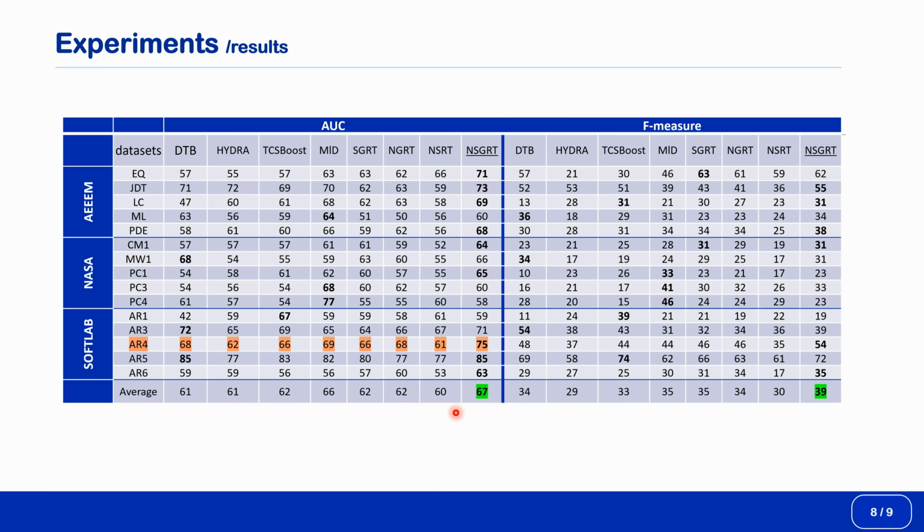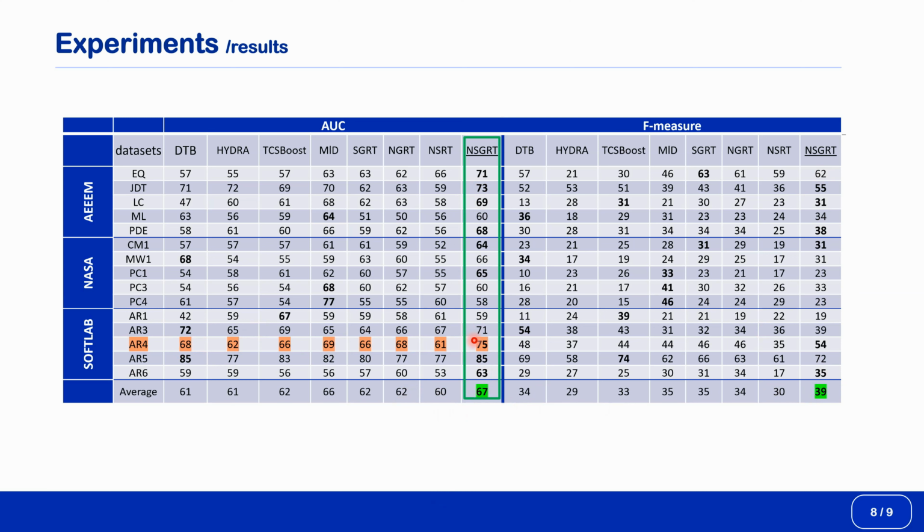In the case of AUC, NSGRT performed very promisingly and outperformed benchmarks in 60% of tested datasets. In some datasets like AR4, the improvement was significant, up to 6% in AUC by NSGRT.